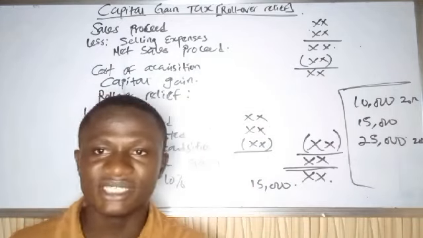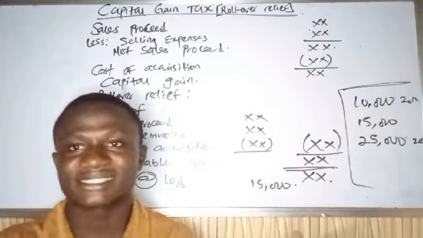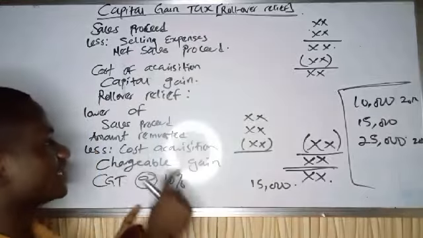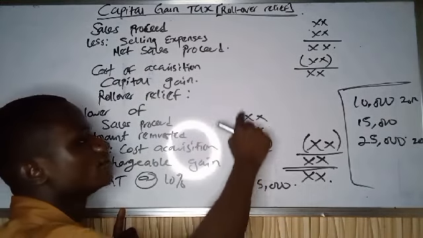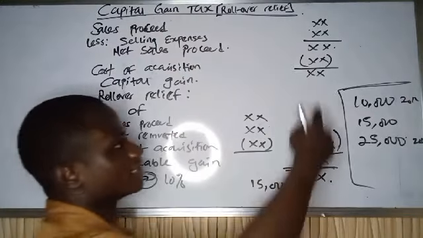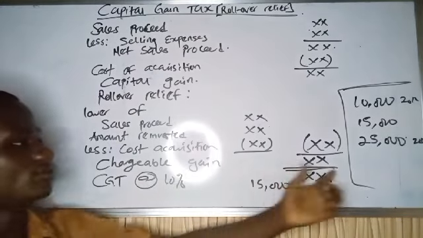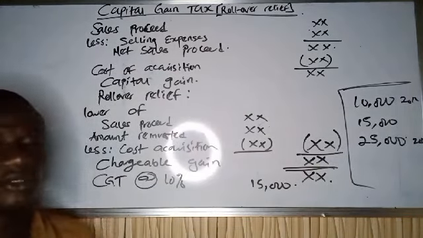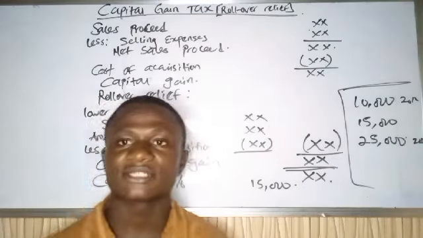I want to give you the relief of the increase that has happened within those times. So I less my cost of acquisition from the lower of these, and I get by what amount my asset has increased. Then I subtract it, I get my chargeable gain, and on my chargeable gain, I compute my capital gain tax.